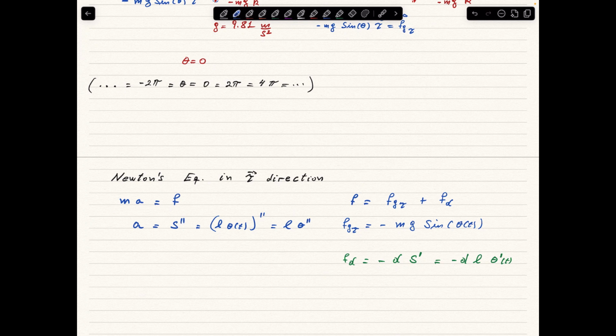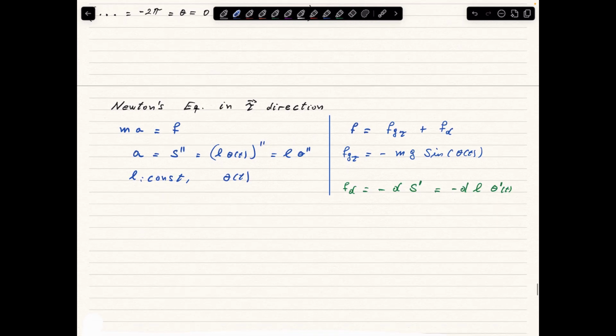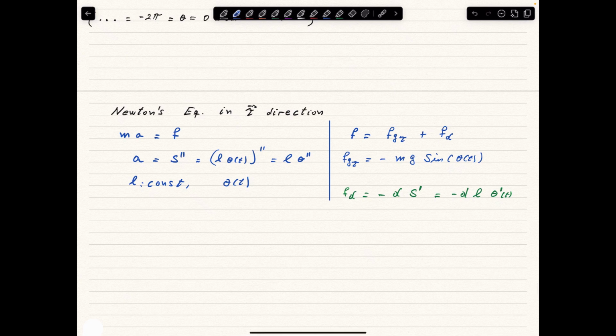Okay, a little bit too close for my taste, so let's put a line here to separate these two calculations. And now recall, we use that L is constant and theta is a function of time. Then we have the equation of motion.